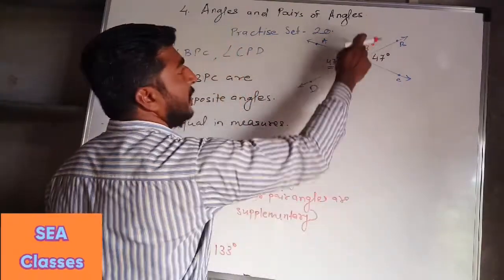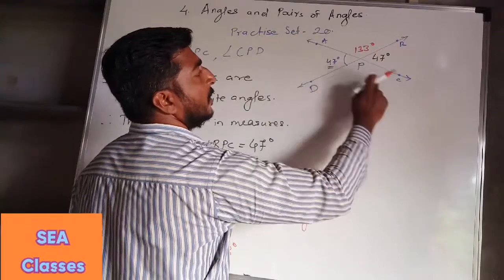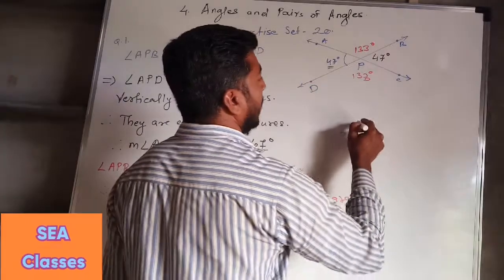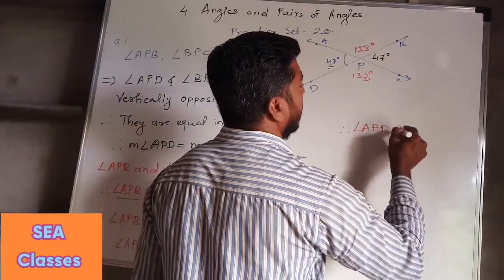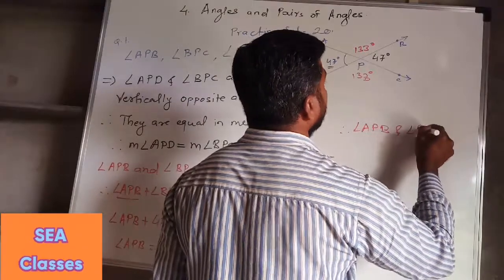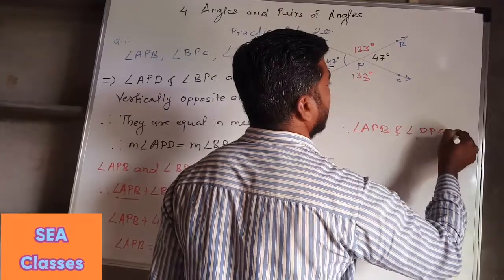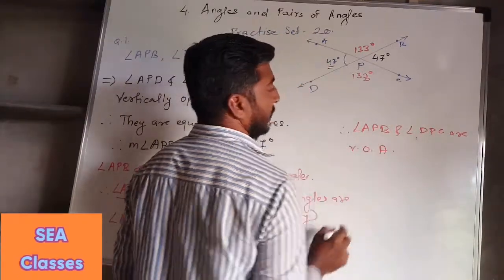So we got here this angle is how much? 133 degrees. Definitely then opposite of this angle APB will be how much? It will also be 133 degrees. Therefore we can say angle APB and angle BPC are vertically opposite angles.